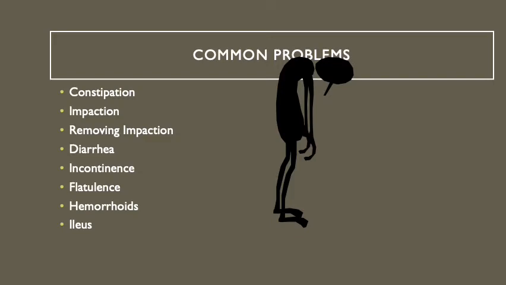Typically, it can be very uncomfortable, so we want to be as gentle as possible. And we are concerned about stimulation of the vagal nerve anytime there's any manipulation of the rectal area, and that stimulation can cause bradycardia and syncopal episodes, or passing out episodes.